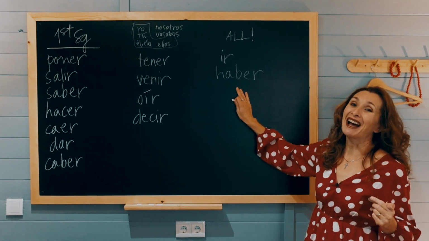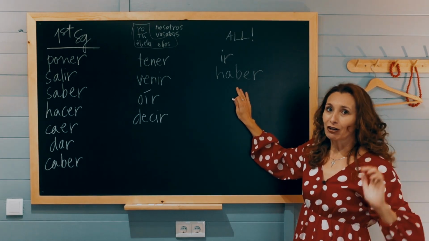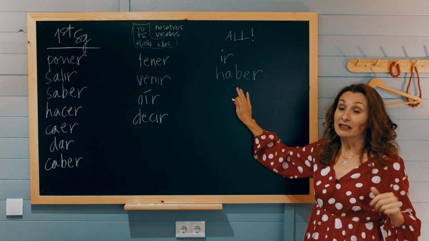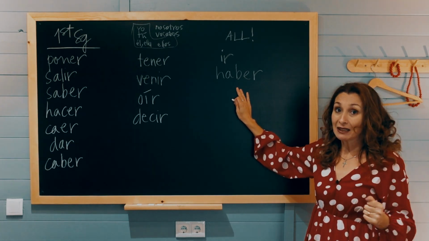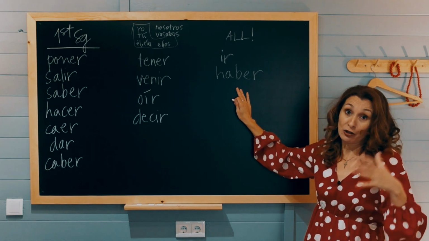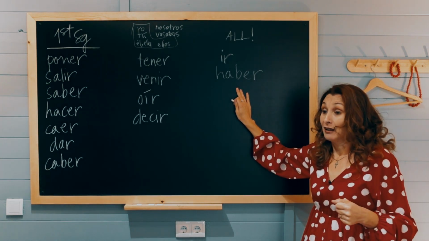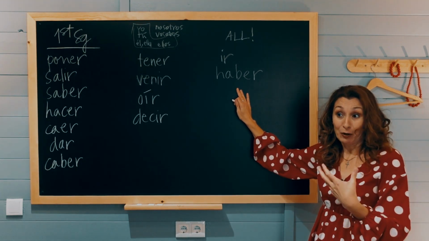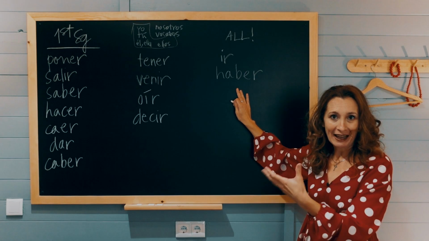So have doesn't have that meaning anymore, and the same is true of haber. Long time ago, haber had the meaning of possession and was used that way, just like you can use it in English when you say I have a brother and a sister, meaning not that I own them, but that I have something.